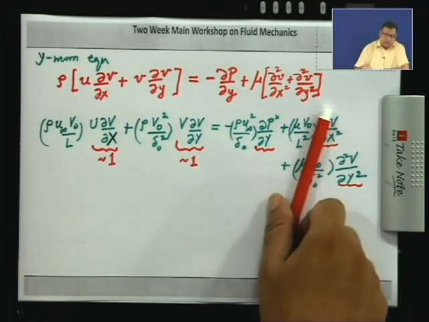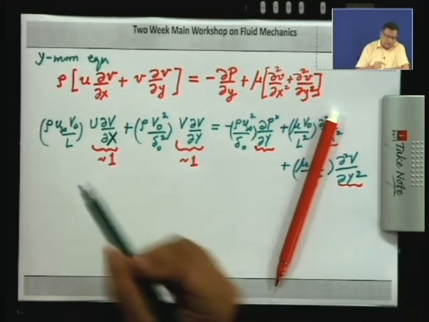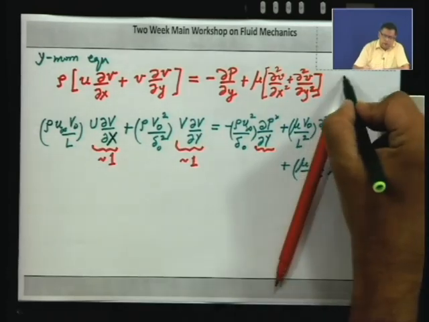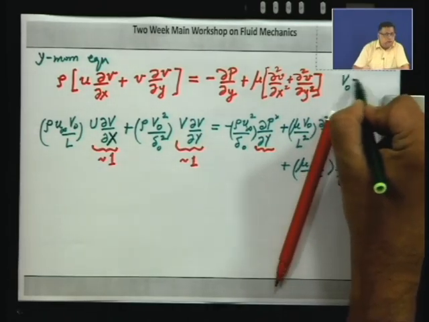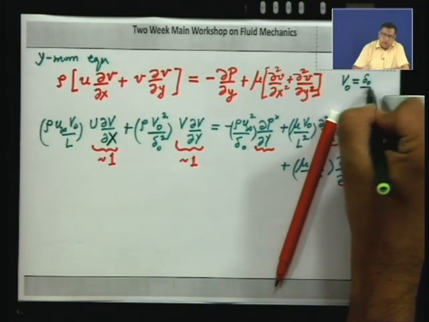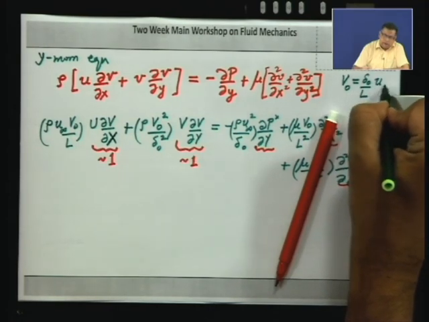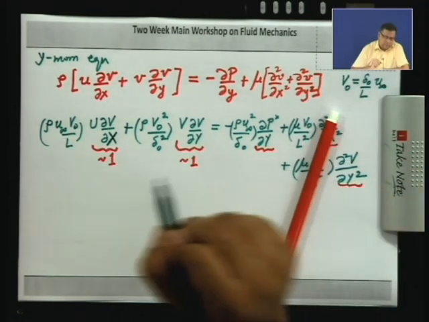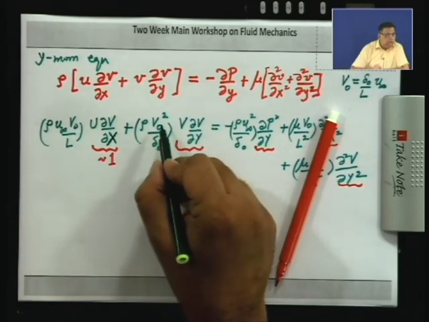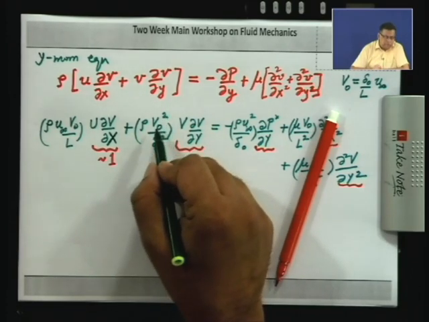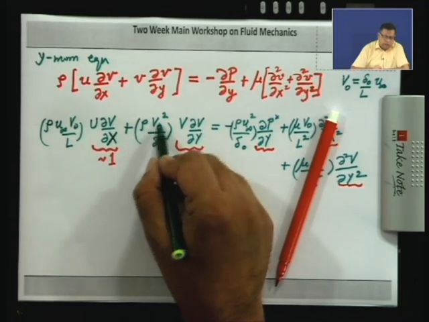We have one relation that, if you recall, V naught equal to delta naught by L u infinity. So, here you have a V naught square, which I can write as V naught into V naught.